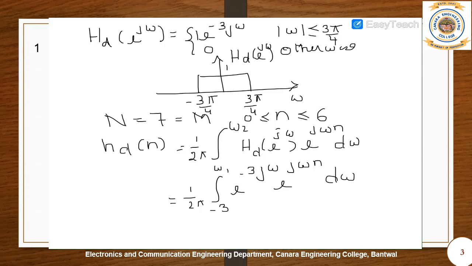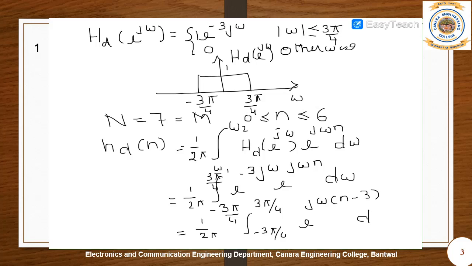Limits of the integration is minus 3 pi by 4 to plus 3 pi by 4. So this is equal to 1 over 2 pi, integral from minus 3 pi by 4 to plus 3 pi by 4 of e to the power j omega (n minus 3) d omega.